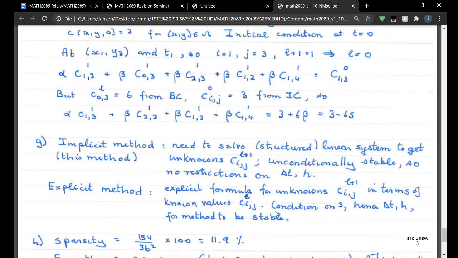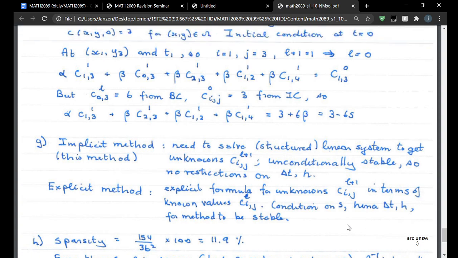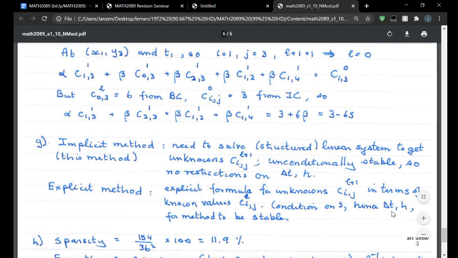For the explicit method, we are solving the l plus 1 values in terms of the known values of c subscript l. But there are conditions, and depending on the values of the step sizes, the method may or may not be stable.